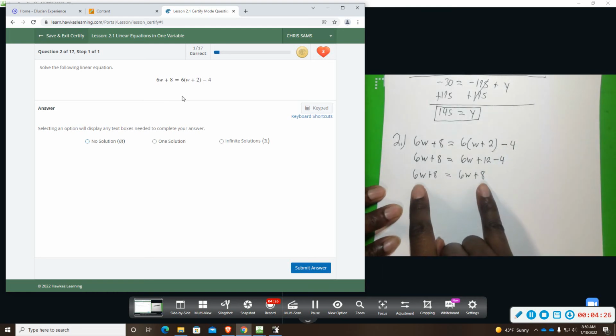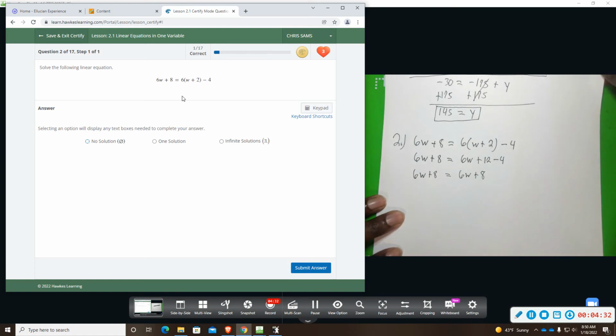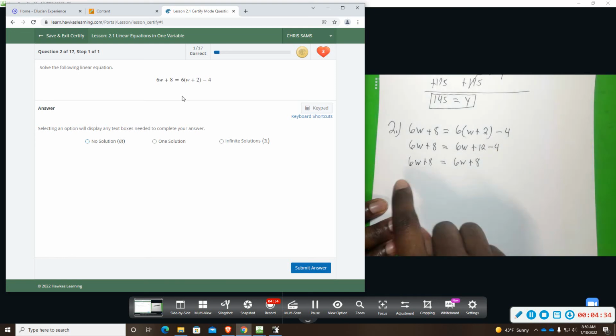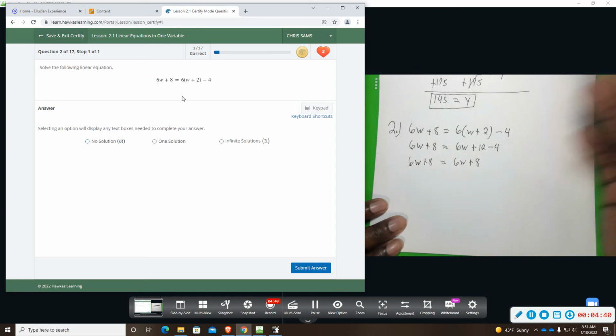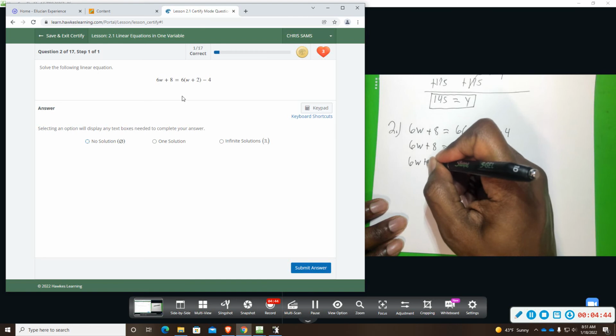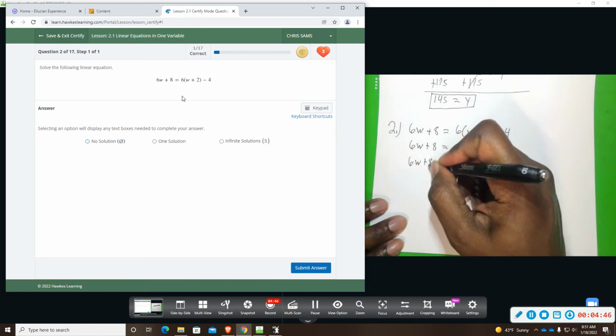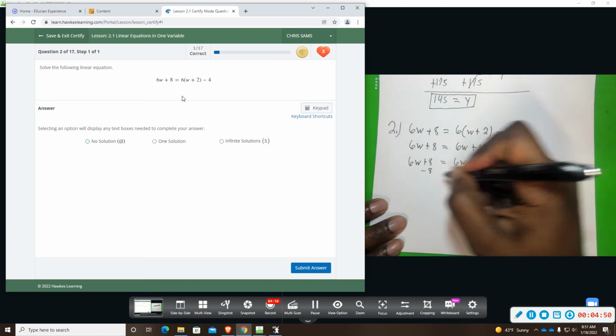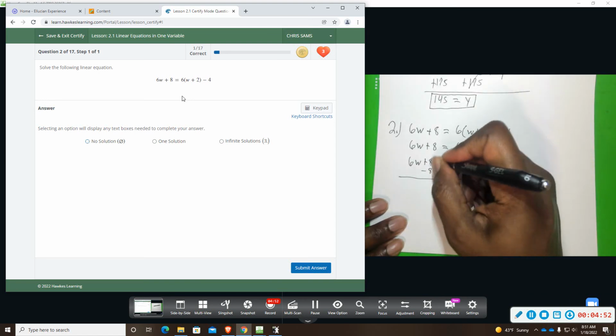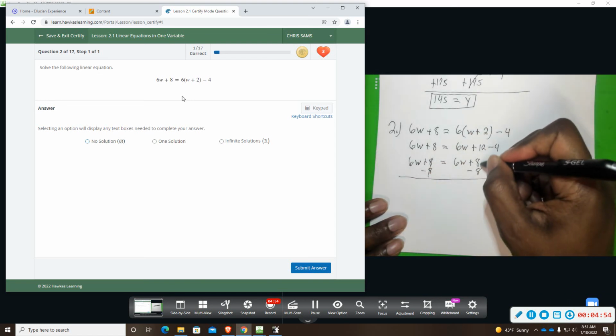Alright, so from this point, notice that both sides are the same. So as I begin to try to collect like terms and move things from one side to the other, you will see that everything will cancel out, and that's going to be a special case. So if I move my numbers together, I subtract 8 from both sides. 8 minus 8 is 0, so that cancels, and the same thing here is 0.